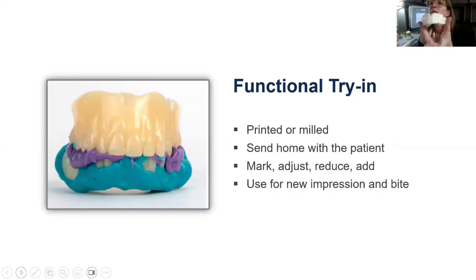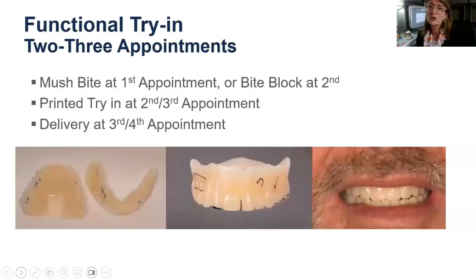I don't know how well you can really see that up close. The slide's probably better. But it is printed. It's a monolithic puck, and it's all one piece. And you can send your patient home wearing that functional try-in. Let them try it out.